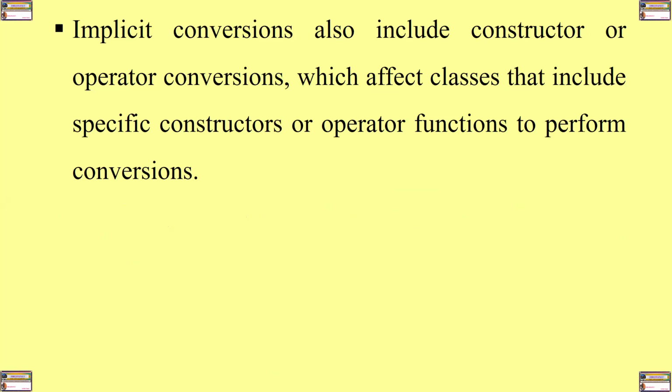Implicit conversions also include constructor or operator conversions, which affect the classes that include specific constructors or operator functions to perform conversions. For example, if you have a class called max, which is empty, in other words, if there's nothing inside, which you can write as follows, then we can also have another class called results.